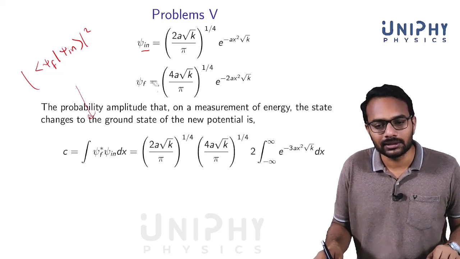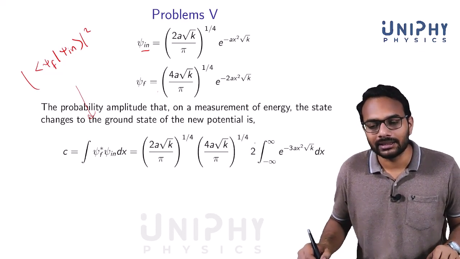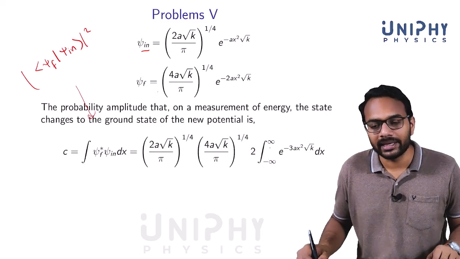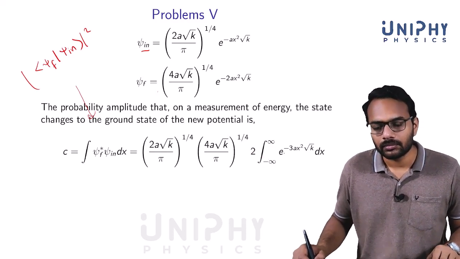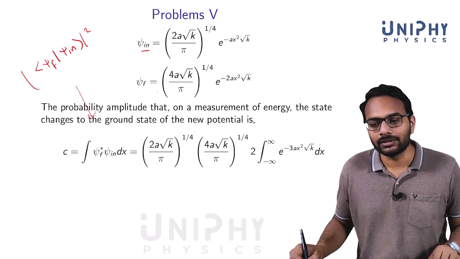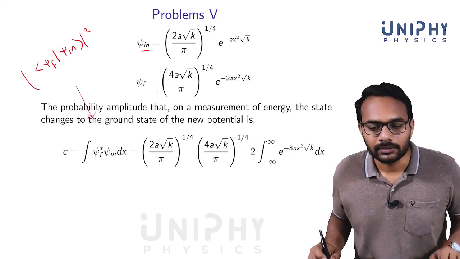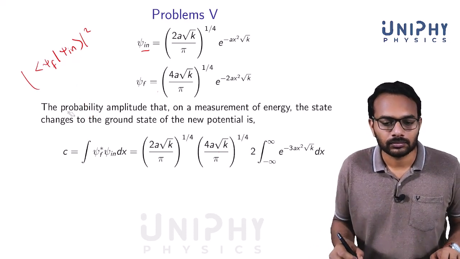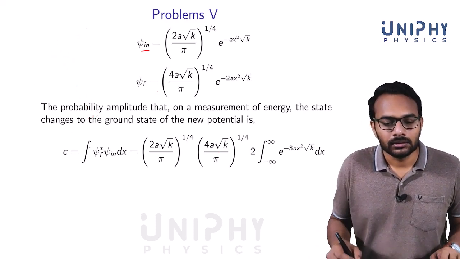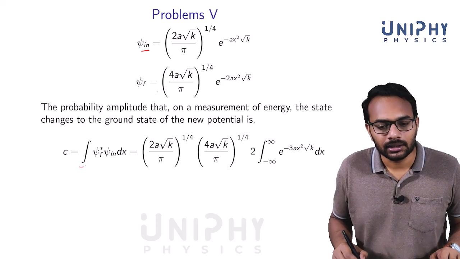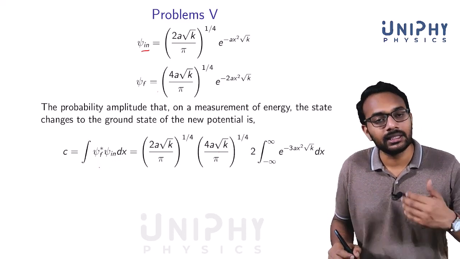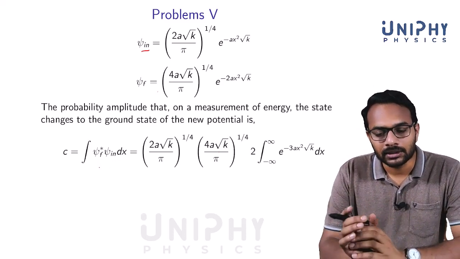So these constants all can be pulled out and we get a rather simple integral here. It's minus infinity to infinity e raised to minus 3ax square root of k dx. This is the expansion coefficient, and then we have to do the modulus square of it.